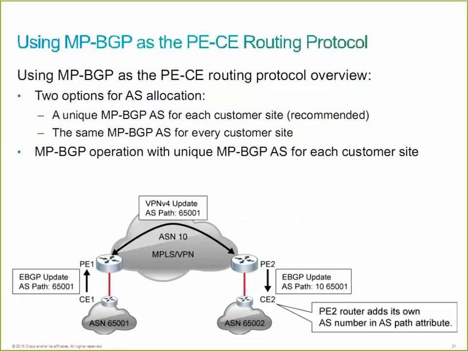Once I've decided to use MPBGP as my PE to CE protocol, we have to identify how we're going to allocate our autonomous system numbers. If we are using MPBGP AS numbers for enterprise sites, it's a very important consideration because it affects how the network behaves, right?